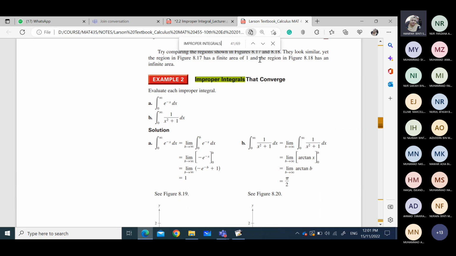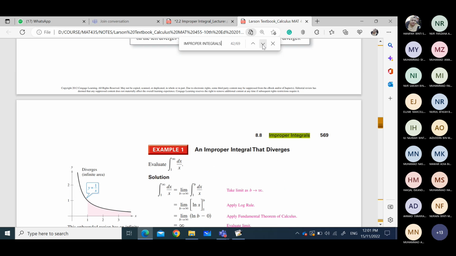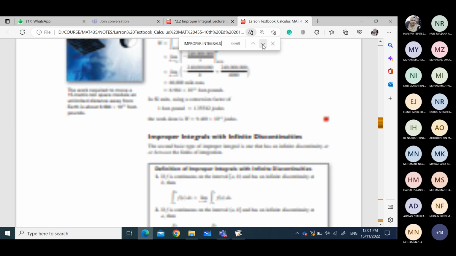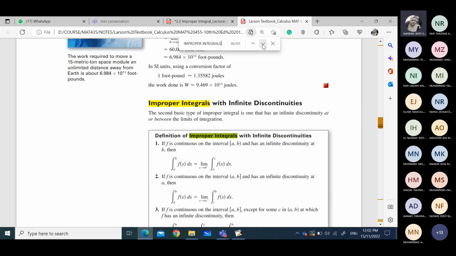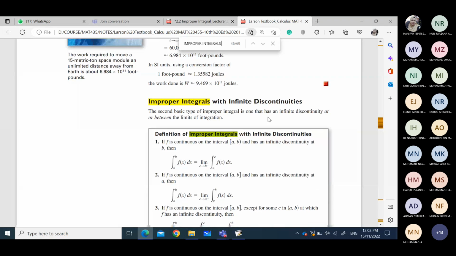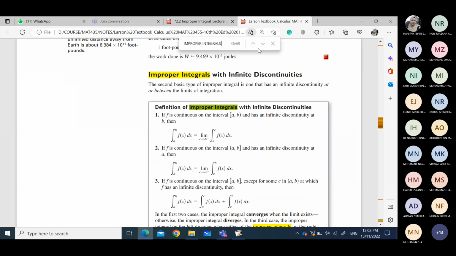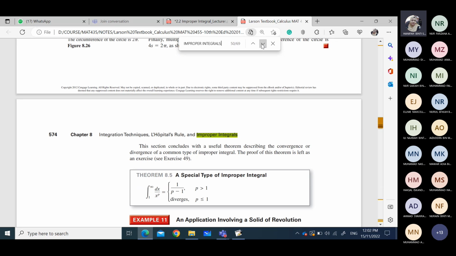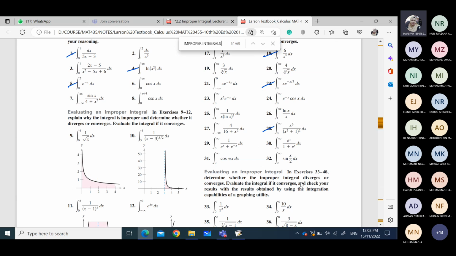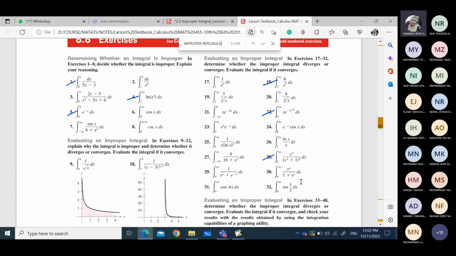Ini pun example 2 in textbooks. So you can refer in textbooks. Definite infinite discontinuities. Ini pun ada juga. Okay. Right, nah ni soalan dia. Okay, yang ni pun nanti saya screenshot, saya akan share dengan you all. Alright, so make sure you buat.